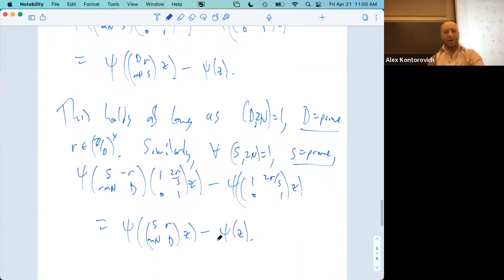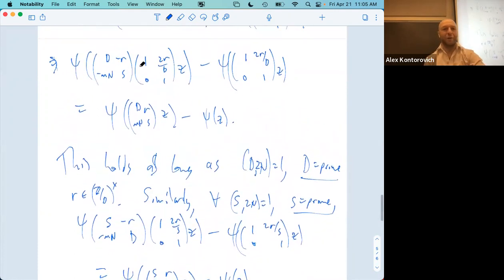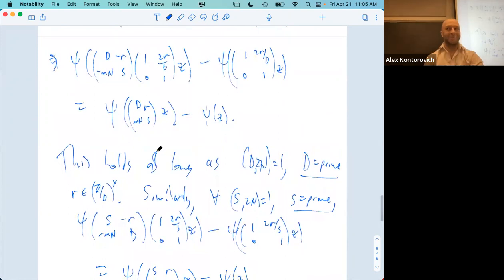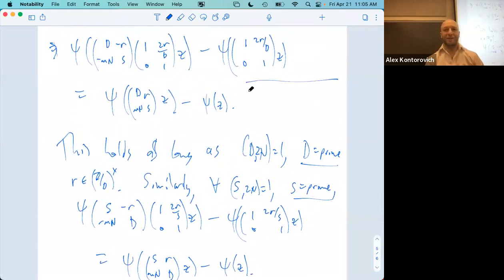In this formula, I'm going to make a change of variables. I'm going to try to make this formula look like this formula, and I'll get an extra formula. Okay, in order to get this formula to look like that formula, notice that the inverse, notice that D, let's see, who do I want to work with? Let's work with this guy. D, negative R, negative MN, S, which has determinant 1.